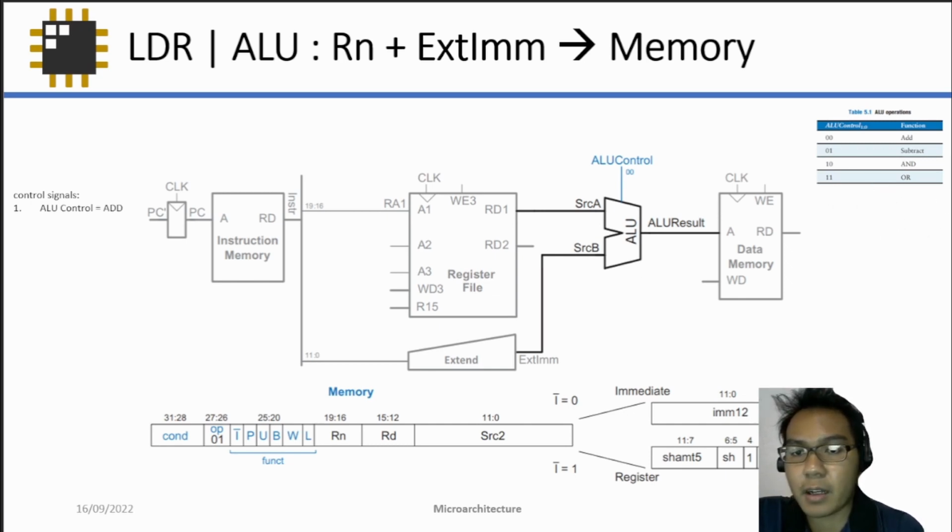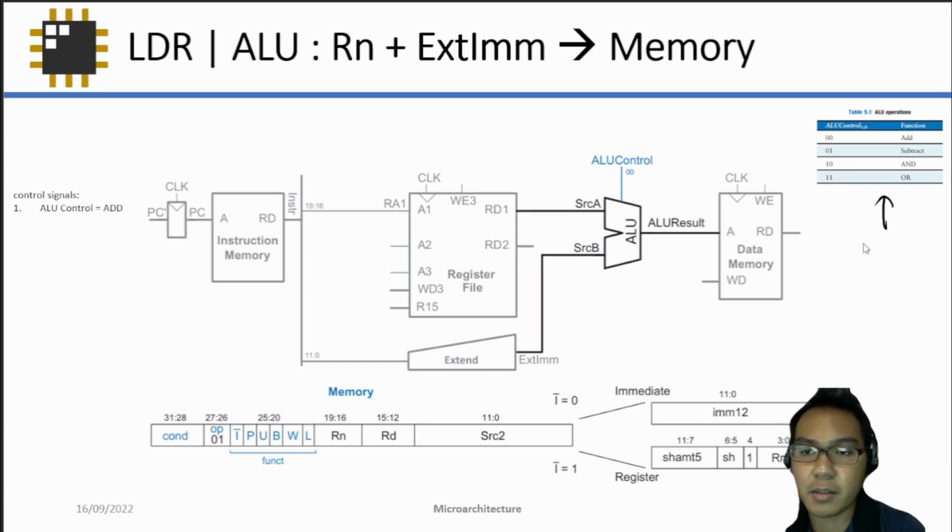Say we have an ALU whose operations are specified here with respect to the control signal. If you give it a control signal of 0 0, it's going to add the inputs. If it's 0 1, subtract. 1 0 is going to AND the inputs, and 1 1 is going to OR the inputs.